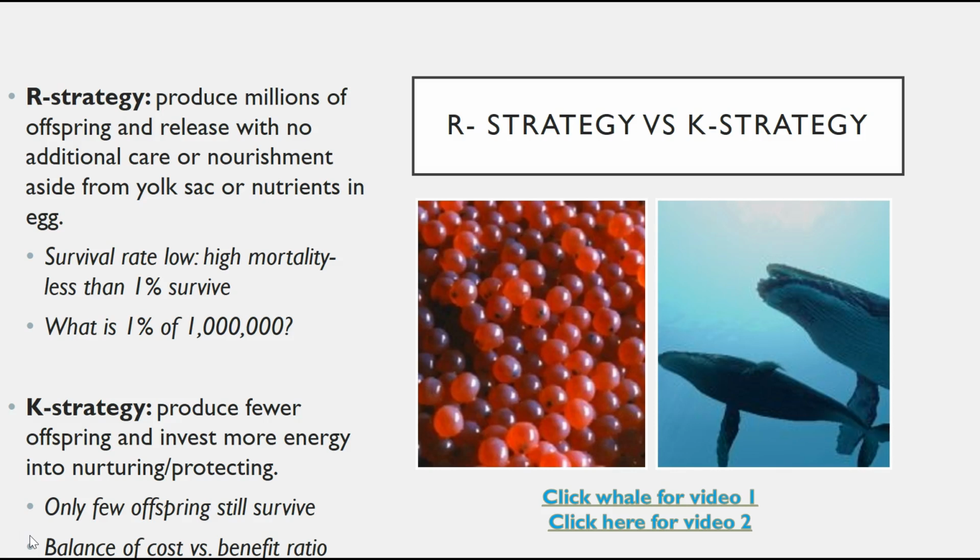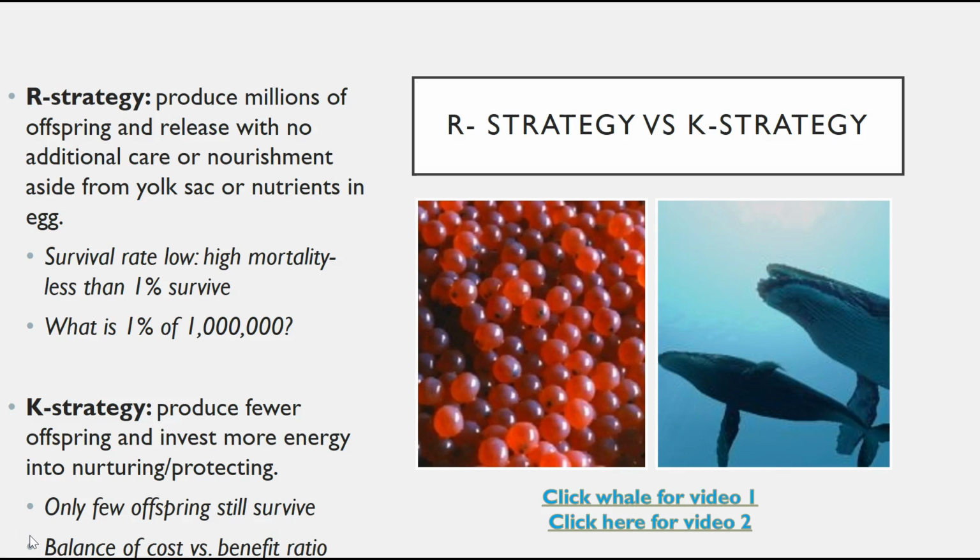K strategy is a little bit different, and this is what we are more familiar with. K strategy is where organisms produce less offspring, so there are less embryos to start with, and then they invest more energy into nourishing that embryo and protecting it.